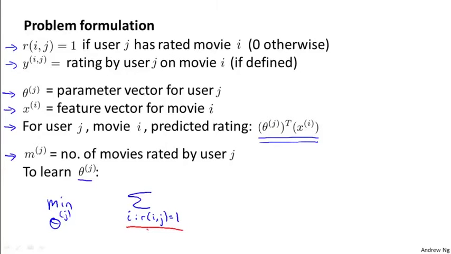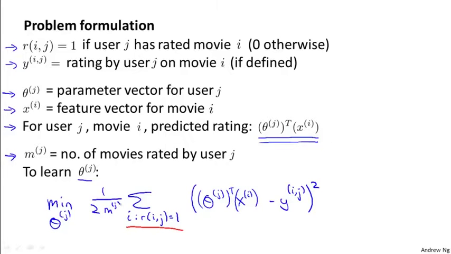So this is really summing over all the movies that user j has rated. And then I'm going to compute theta j transpose x i. That's the prediction of user j's rating on movie i, minus y(i,j), the actual observed rating, squared. And then let me just divide by the number of movies that user j has actually rated, so let's divide by 1 over 2 m j.